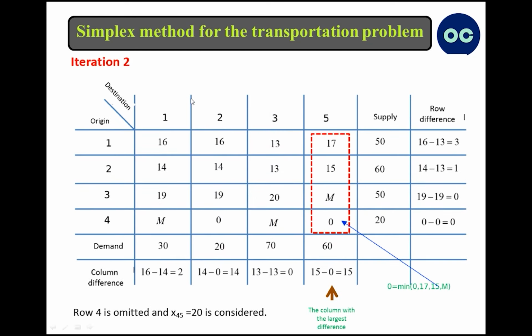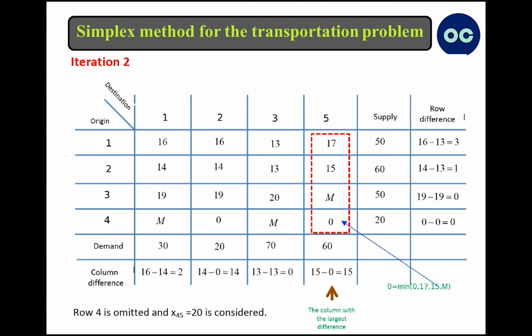In the next iteration, you can see that we don't have row 4. So we calculate the difference between the minimum cost and second minimum cost. We pick the maximum value and choose the cell with the minimum value here, and we find the minimum value of 20 and 16 is equal to 20. So it means we remove, in the next iteration, row number 4 and update 20 to 0, and 6 to 14.